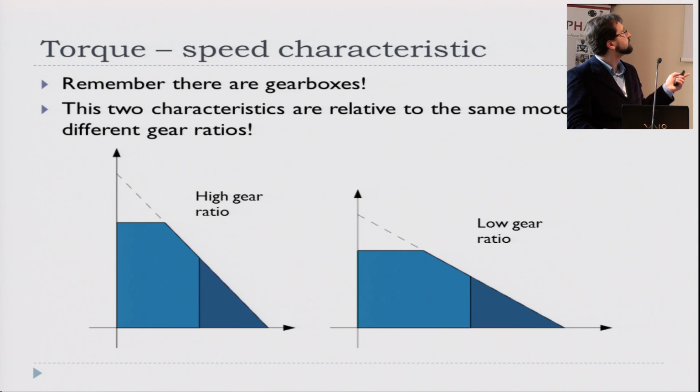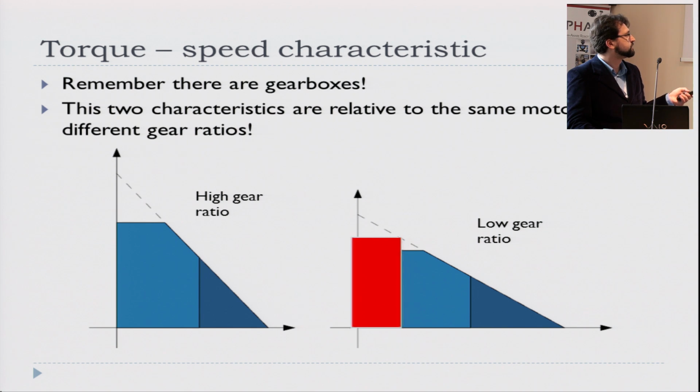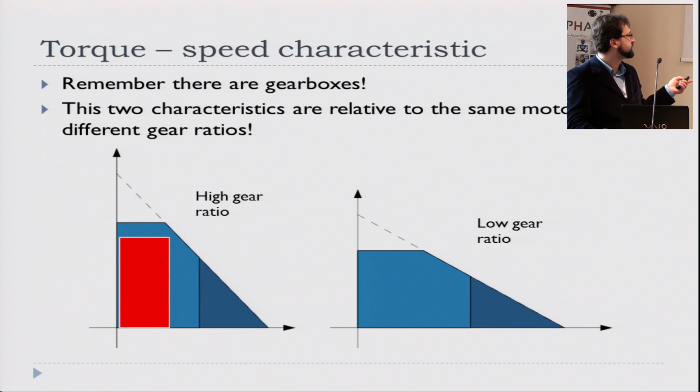Let's not forget about gearboxes. The same motor with different gearboxes can have very different plots. The power is the same, but you have a very different shape for this space here. So, for example, if your application's working area is like this, and it doesn't fit here, you could simply choose a higher gear ratio to make it fit your system.